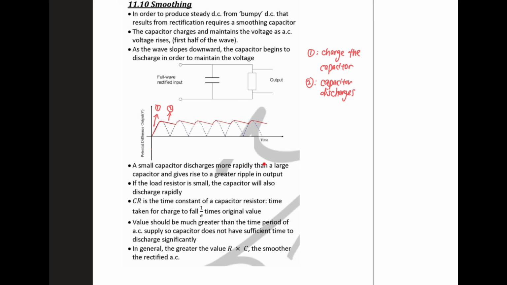Okay? Then a large capacitor. Large capacitor, basically they have more energy stored. So they will take more time to discharge. Okay? And give rise to greater ripple in output. Greater ripple is like, okay, let's say I use blue color for small capacitor.